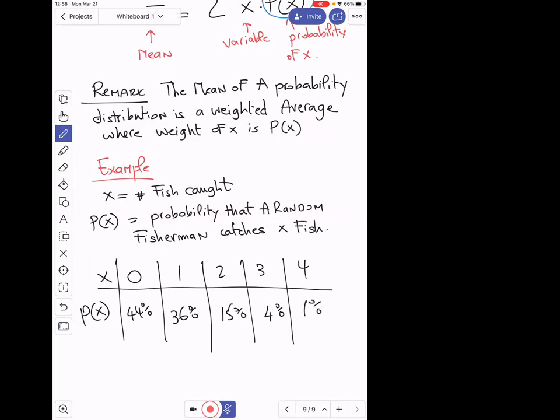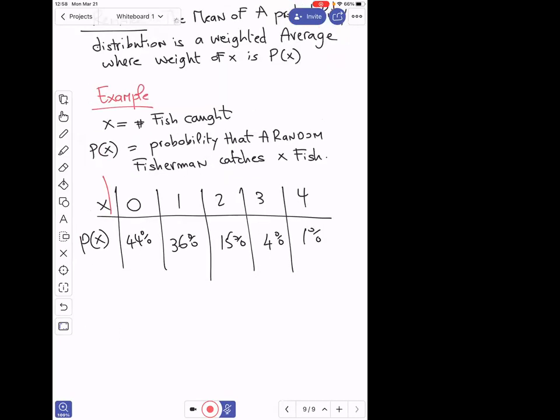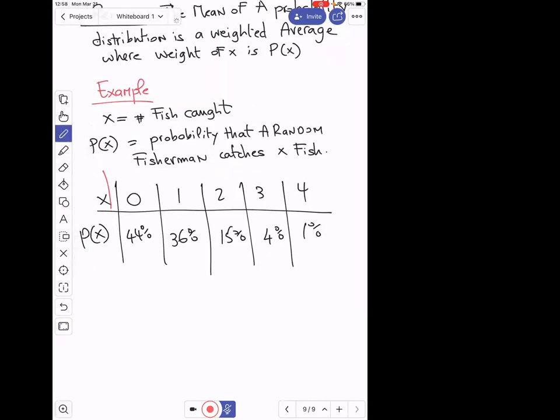Let's say I want to compute the mean of this probability distribution. So the question here: let's compute the mean of this probability distribution.